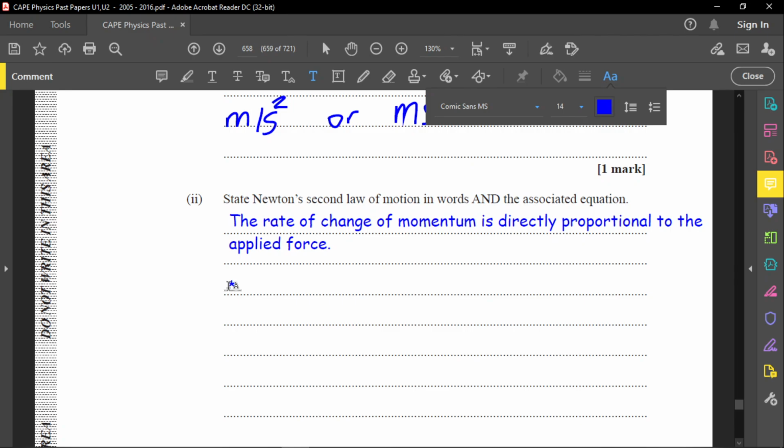In this one, I'm going to state this in terms of acceleration.